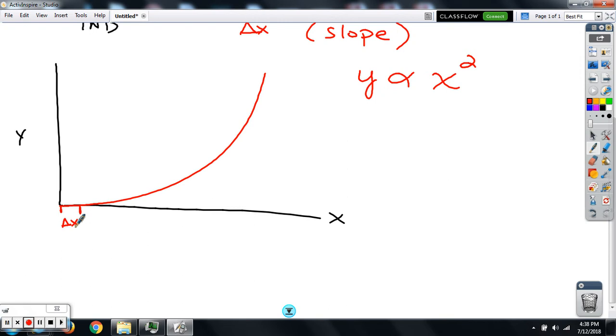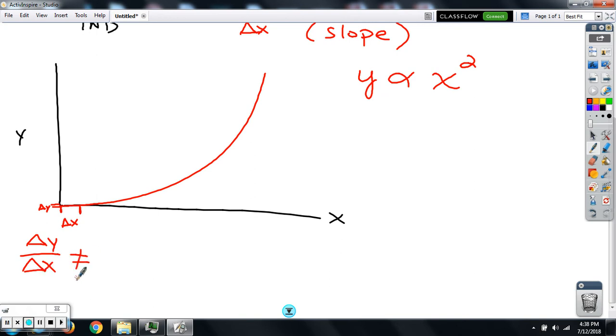There's hardly any change here in delta y. So if this was a straight line, then delta y over delta x would be a constant.